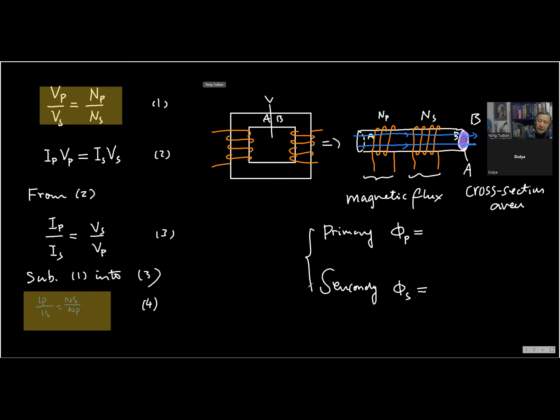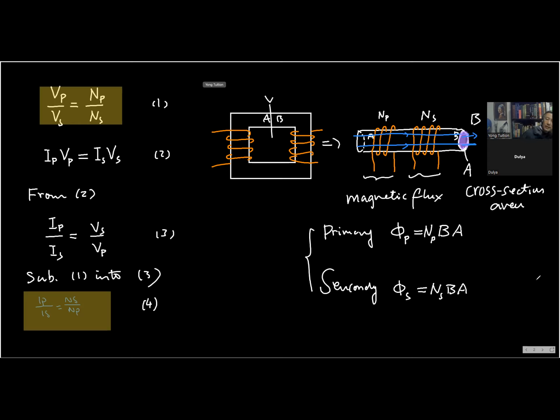By definition, the flux is just the product, B multiplied by the crossing area. And we put the number of turns here because each turn will increase that flux. So this is the formula for the flux. B is magnetic field, A is the crossing area, which is the same.